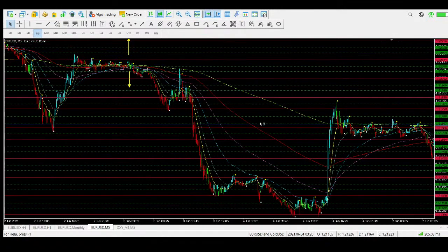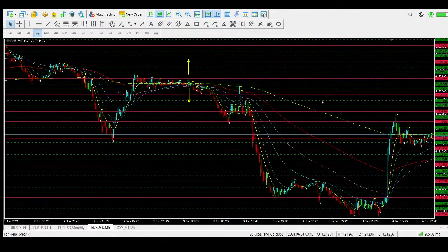And the euro setup was right here. I was looking for a fall.